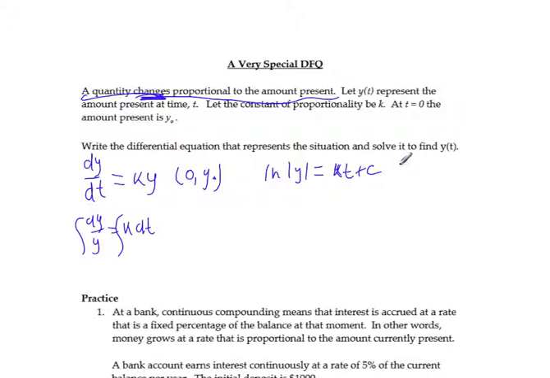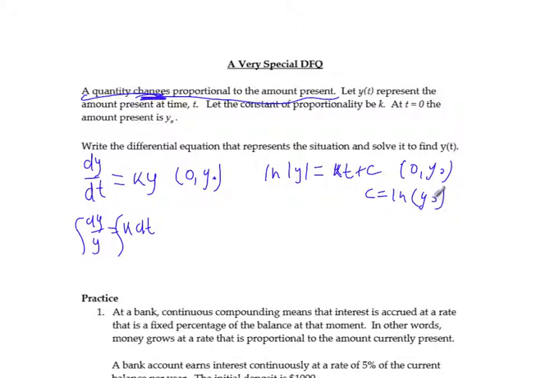And then I'm going to plug in the initial condition, 0, y naught. So as 0 goes in for t, y naught goes in for y, so we get c to equal ln of y naught, okay? So c equals ln of y naught.